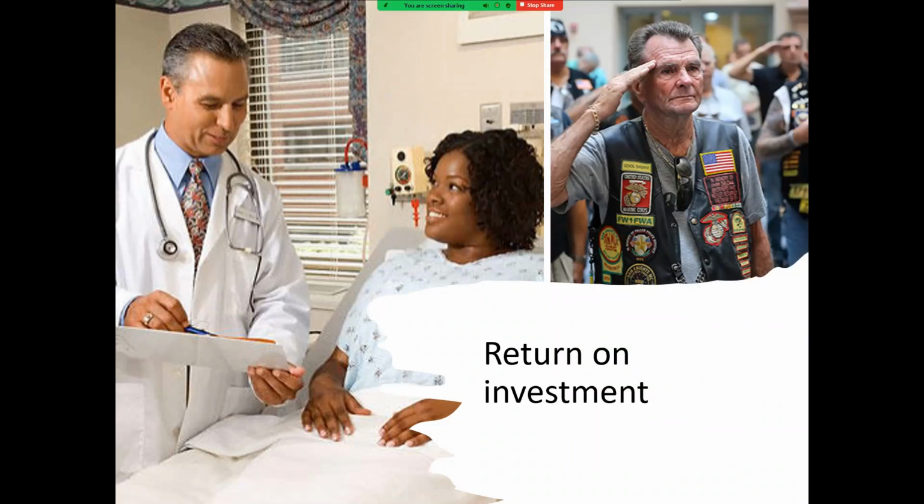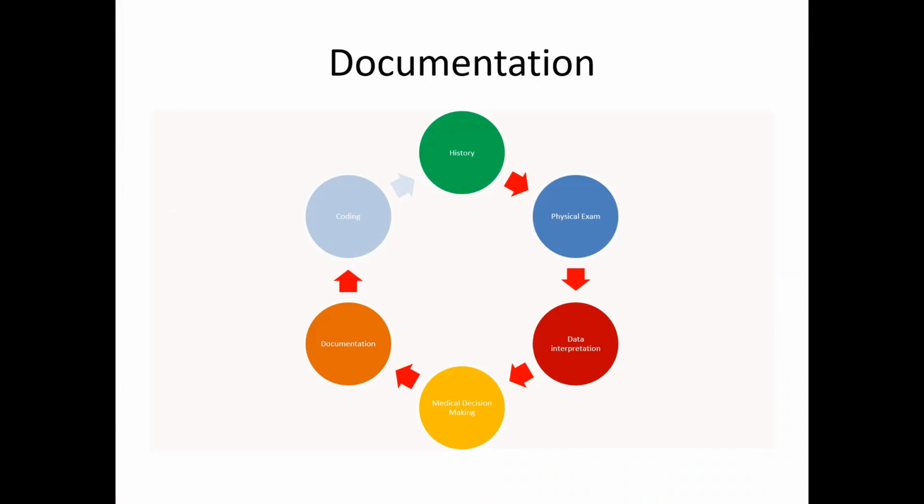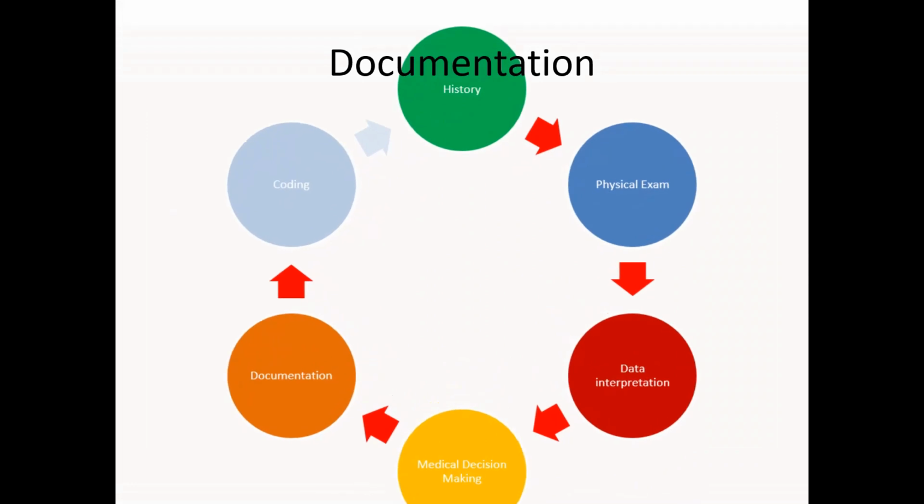In the VA system, our billing and coding affects the budget, which allows us to provide care for our veterans. So for the most part, you guys know what's going on in terms of the cycle. You get a history, you do a physical exam, you interpret the data that you've ordered, whether it be labs or radiology studies. You do medical decision making, and then finally you document, which leads to coding.